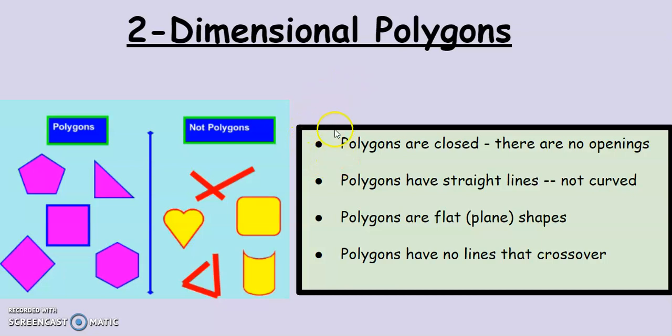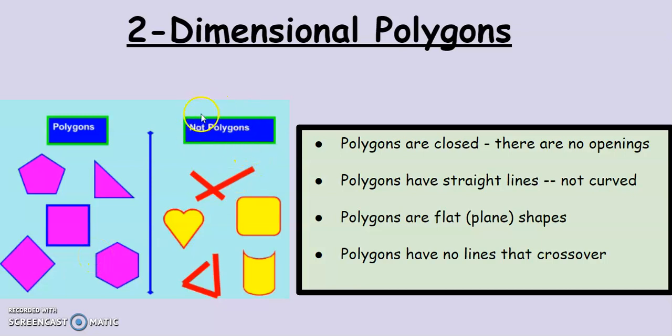The first characteristic of a polygon is that polygons are closed. There are no openings. As I draw your attention over here to the side that says polygons, notice all the lines meet up exactly. There's no gap, there's no opening.